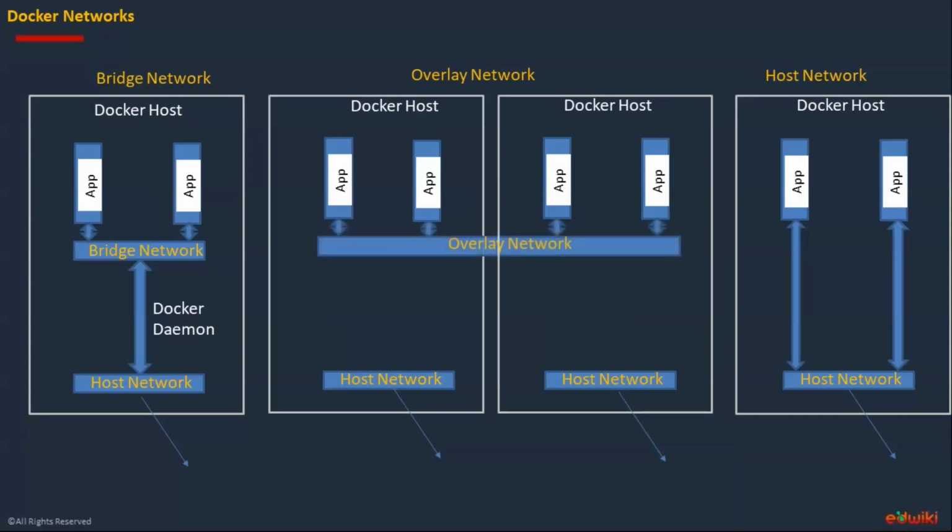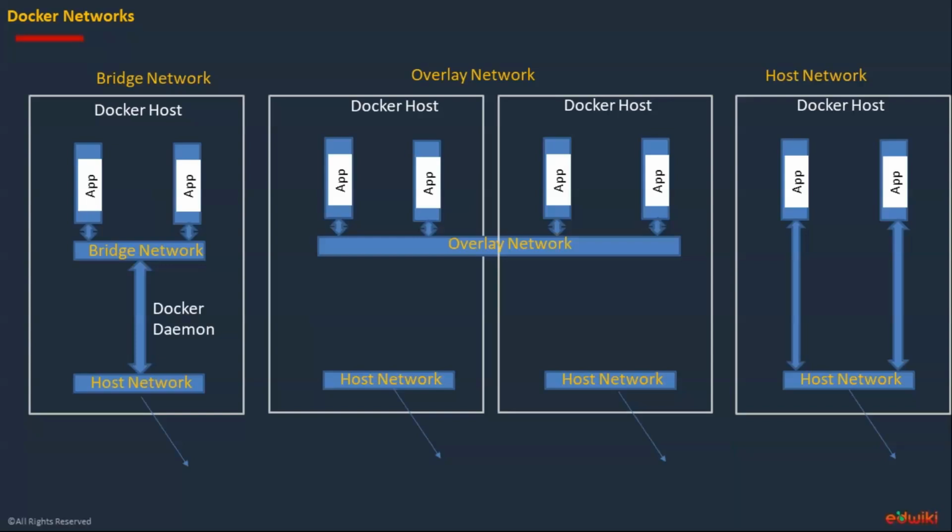In that case, we can set up an overlay network too. Then the containers can communicate with each other through this overlay network, though they are actually running on different servers altogether. It's up to you, based on the requirement, what type of network you are looking for, then you can go and set it up.